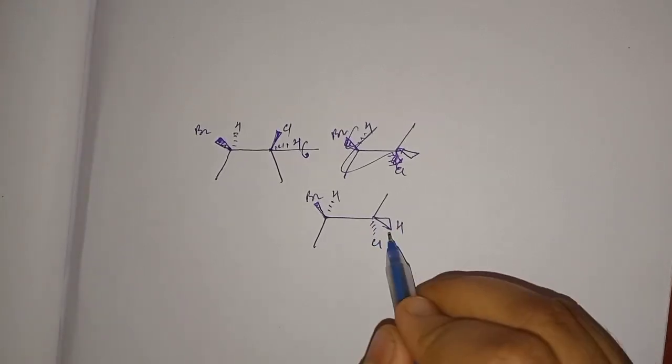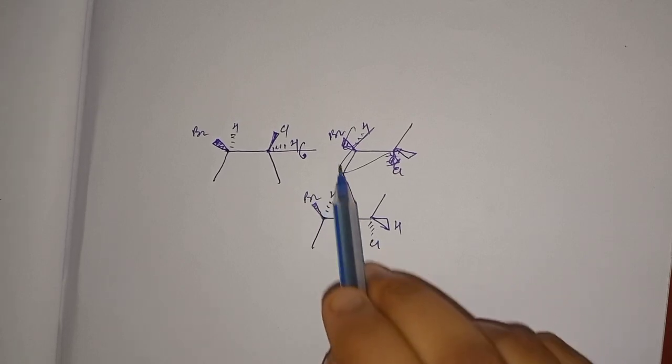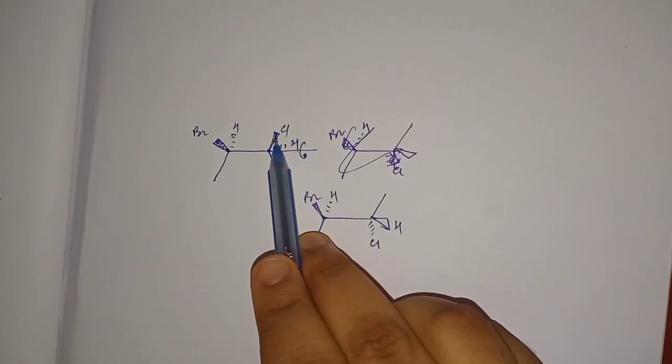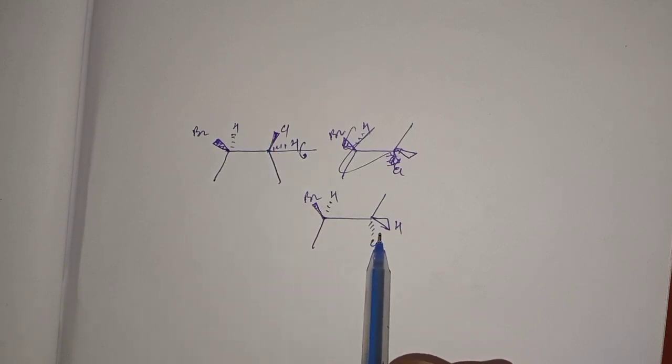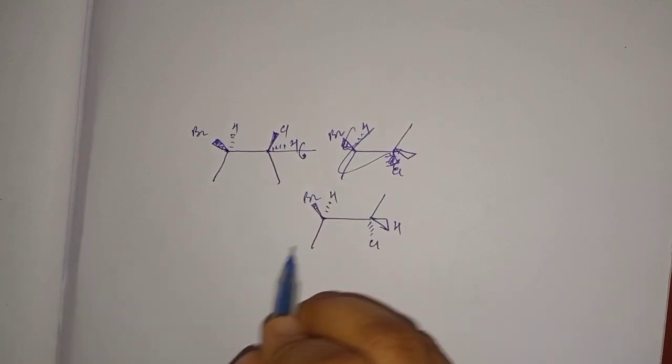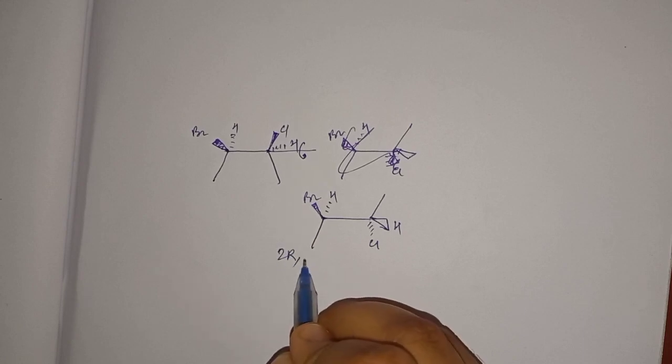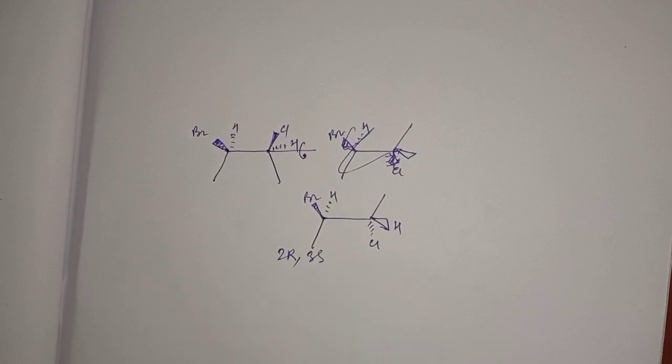Yes, so this is the thing that we will get. Now observe very carefully. Here the position of chlorine changes from up to down. That is, here it is above the plane and here it was below the plane. But in both cases, if you write the IUPAC name or the RS configuration, it will be 2R3S.